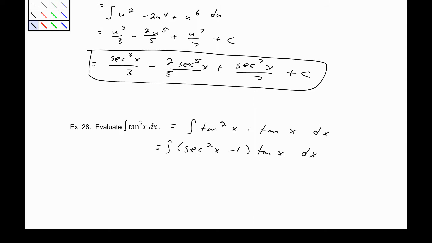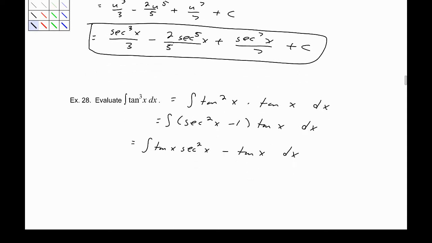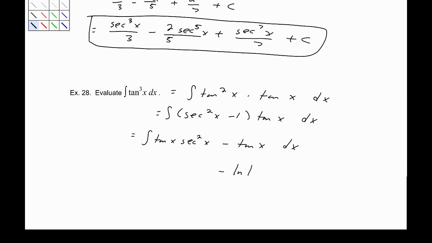Okay, now this will be the integral of tangent x secant squared x minus tangent x dx. Now the integral of tangent is natural log absolute value of secant x. Right, and for the first term, we're going to do a u substitution.